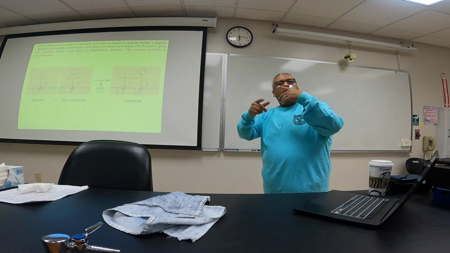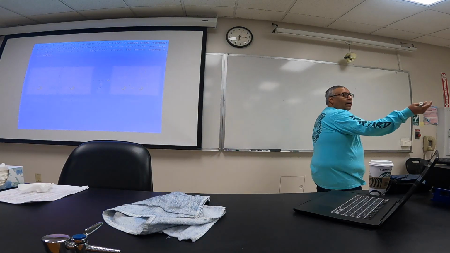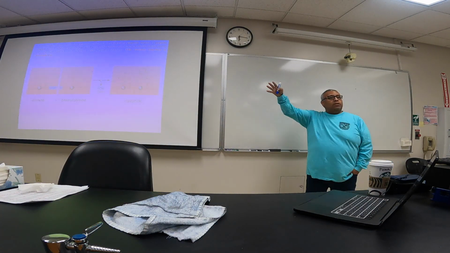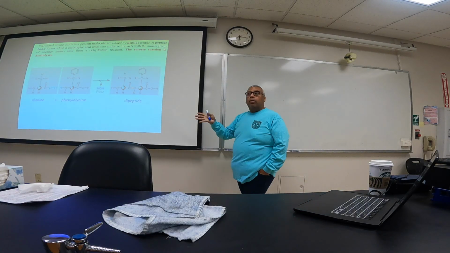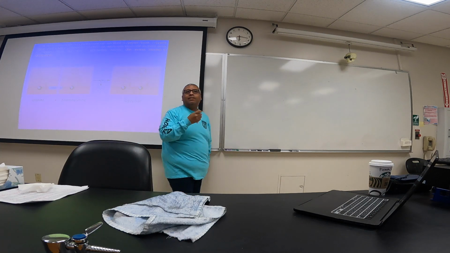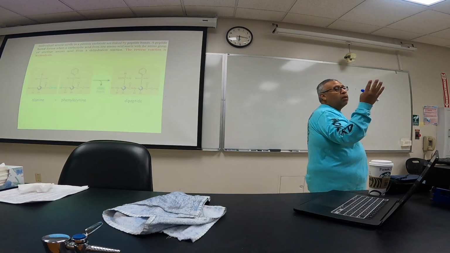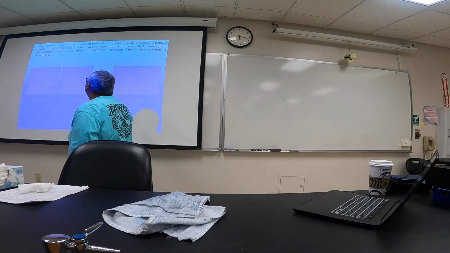So we take one glucose, chain it to another glucose, and we come up with these polymers. So carbohydrates are these polymer chains of glucose. Proteins are chains of amino acids. So we put all these amino acids together and we come up with a chain, a protein.